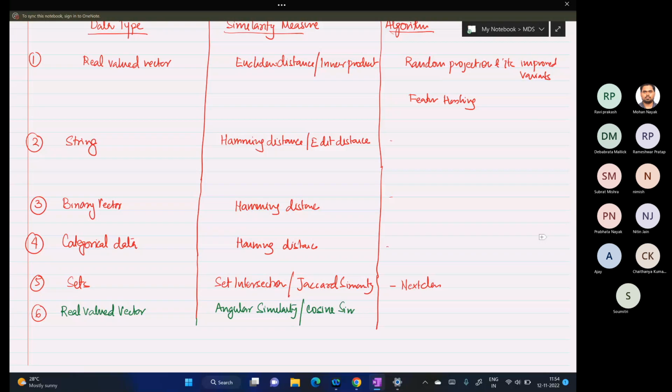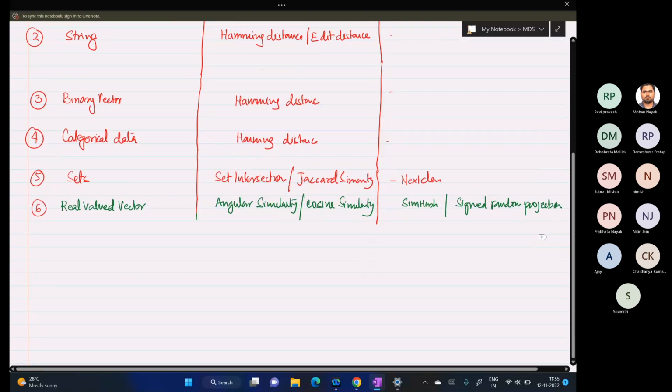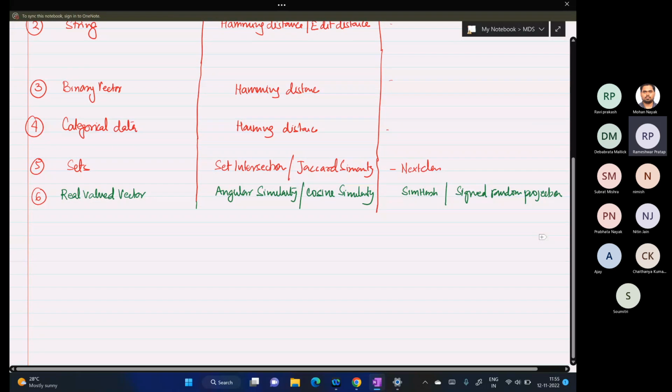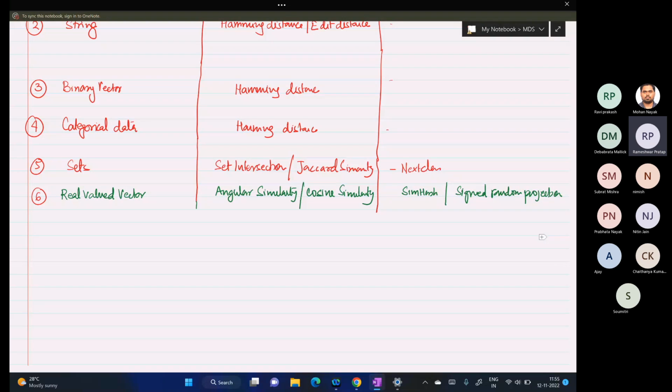Yes. And the algorithm that we'll see is SimHash or signed random projection. So cosine similarity or angular similarity, you can think of.